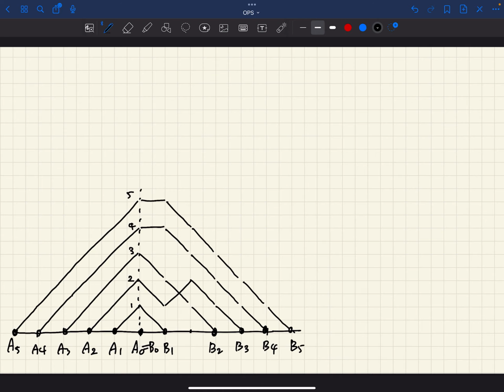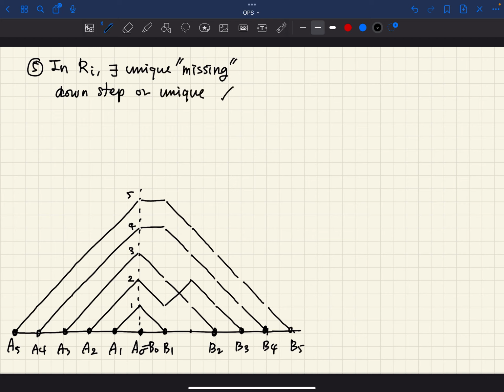Is that 6? Is that 5? 5. In Ri, there exists a unique missing down step, or a unique figure x like this, but not both.